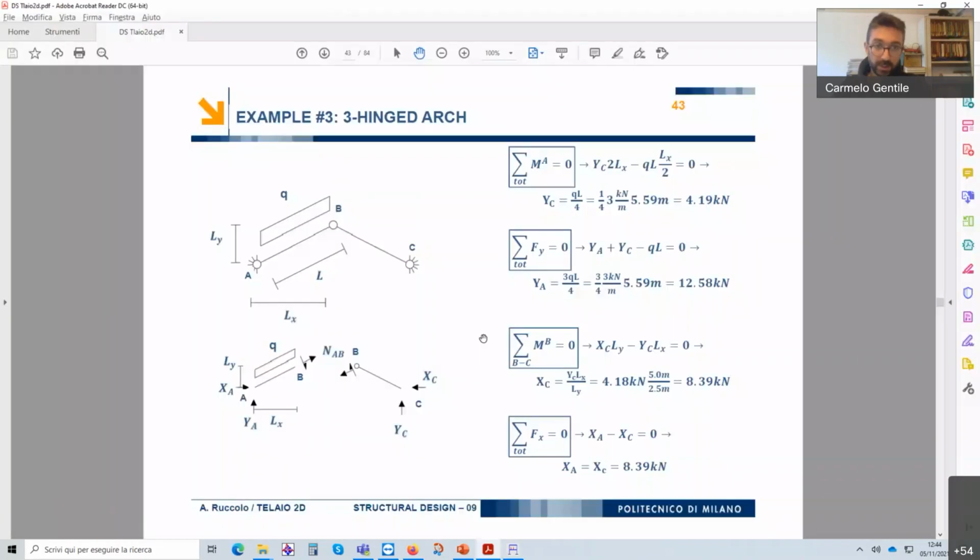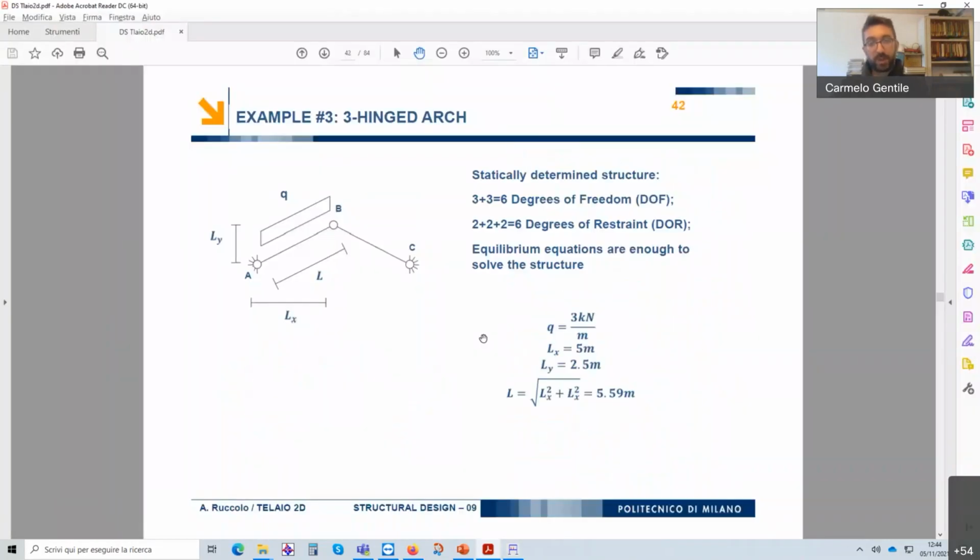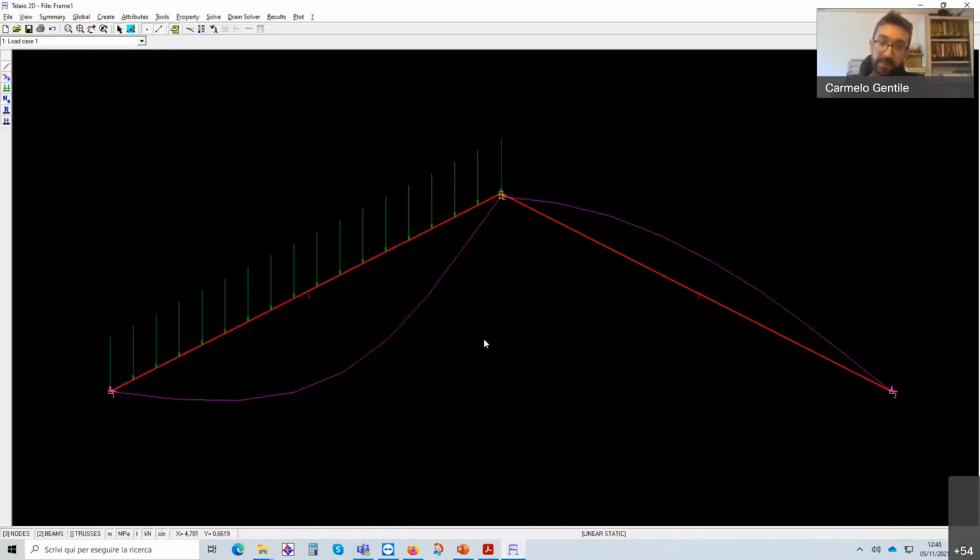Let's go back to, okay, this was the original structure. Do you expect this structure to deform like this? Or not? We didn't define, okay, you jump to the solution.